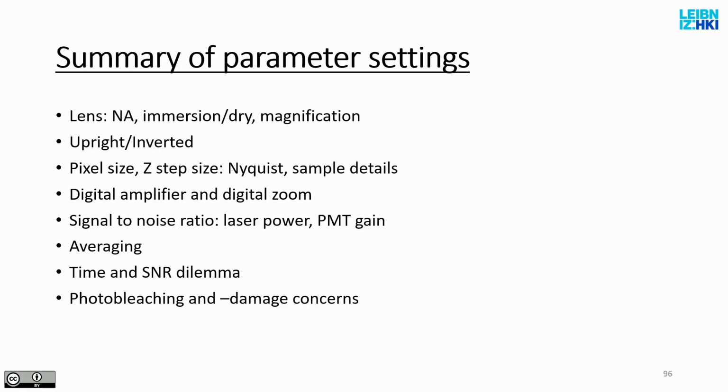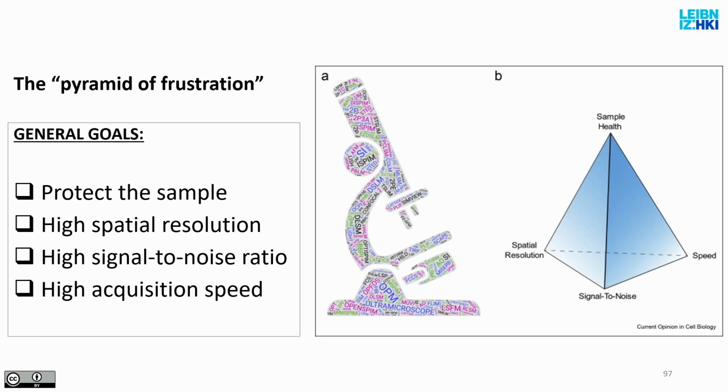So these are the settings that we deal with when we are planning confocal or, in general, microscopy. The selection of the lens, the formation of the microscope, pixel size, Z-step size, amplification, and further ways of increasing the signal quality. During the image analysis course, you will learn how to work on this better with confocal, with image analysis.